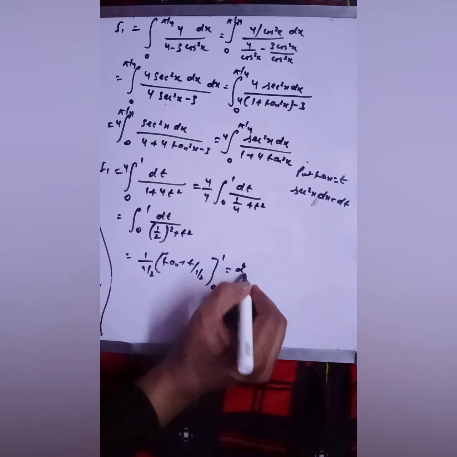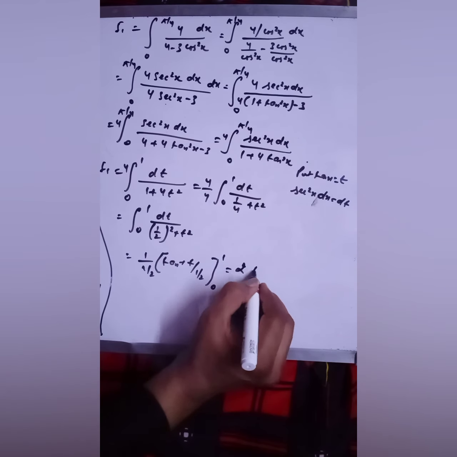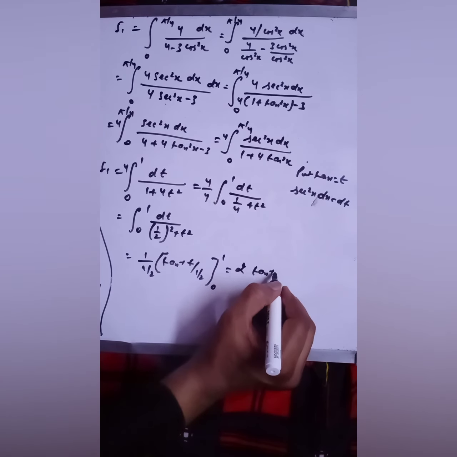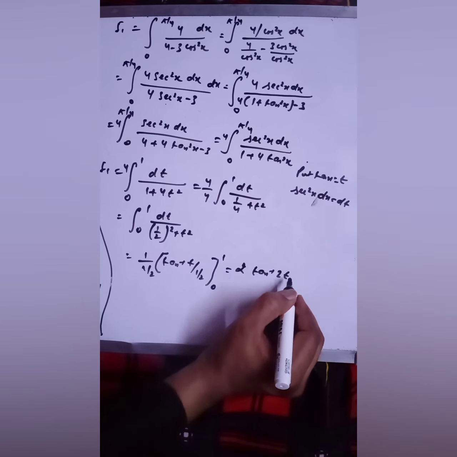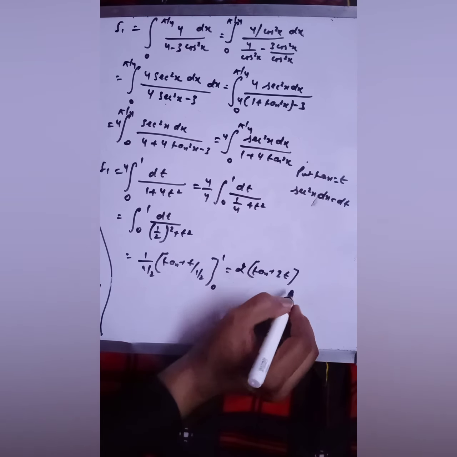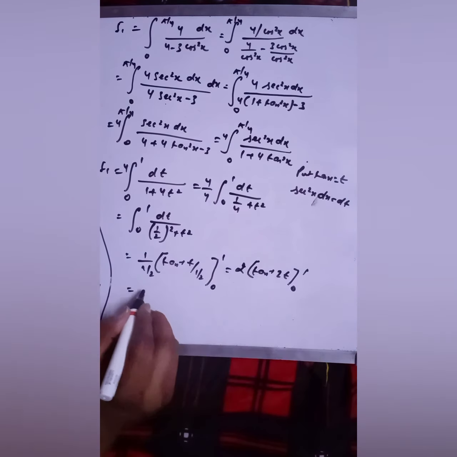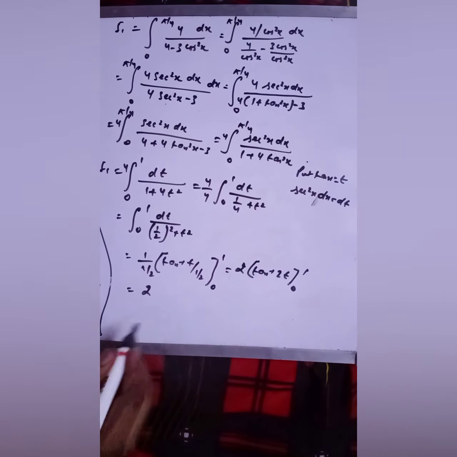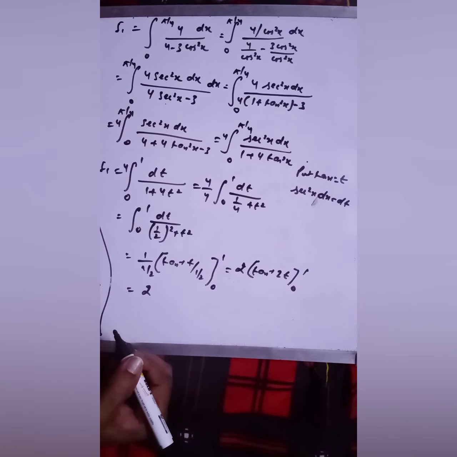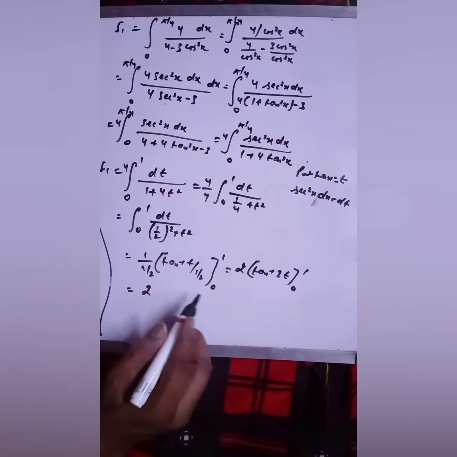So this would be 2 tan inverse 2t, limit 0 to 1. So when you will put 1 here in place of t, so you will get tan inverse 2.